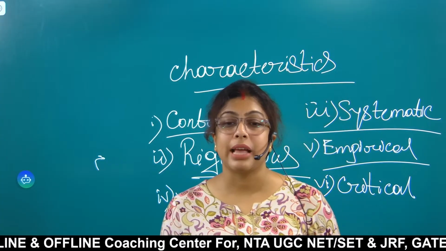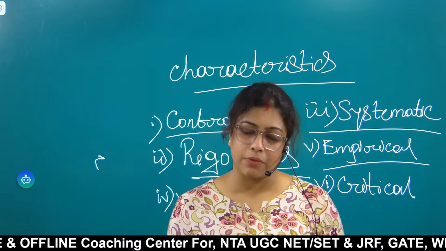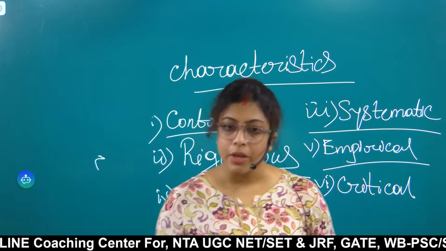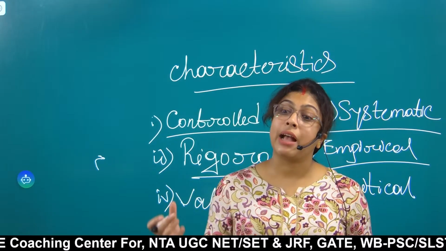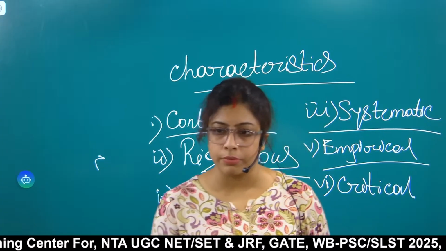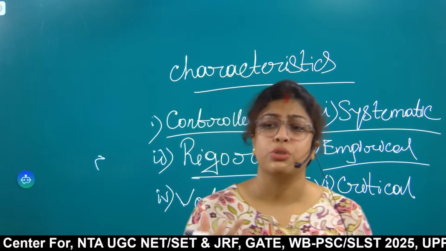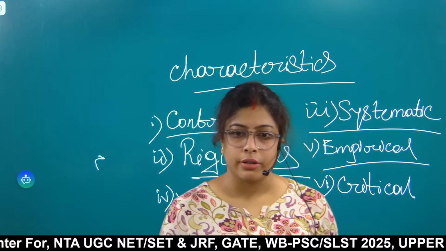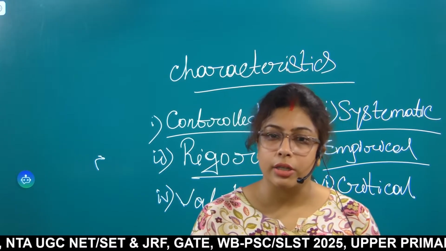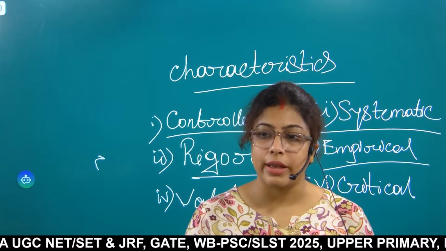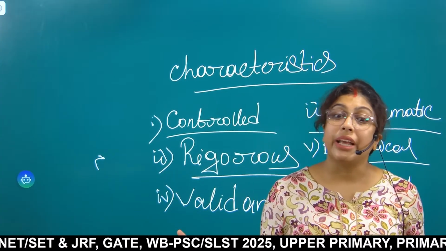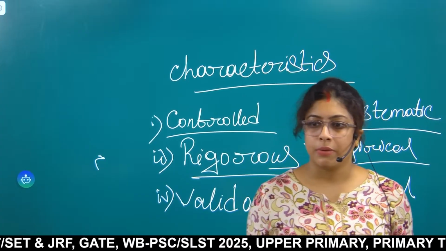What is the aim again? The aim of the research is to find a solution to a given problem. That is okay, but it also enhances the already existing knowledge base. Why is it called a research scholar? Because your contribution will be marked as a material which can expand the already existing knowledge base, right?